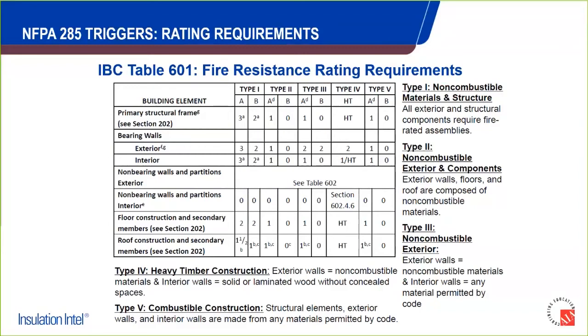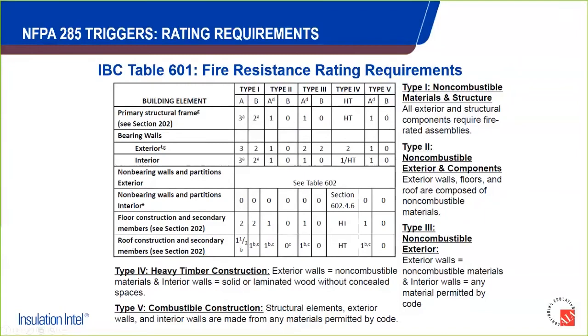These are buildings that start with completely non-combustible Type 1 materials and structure throughout, and then include Type 2, 3, and even Type 4, which is heavy timber construction, which is designed to burn, but it's designed to burn slow and long so that it doesn't actually fall down as a result of fire. So the different elements of these structures are delineated in the description here.